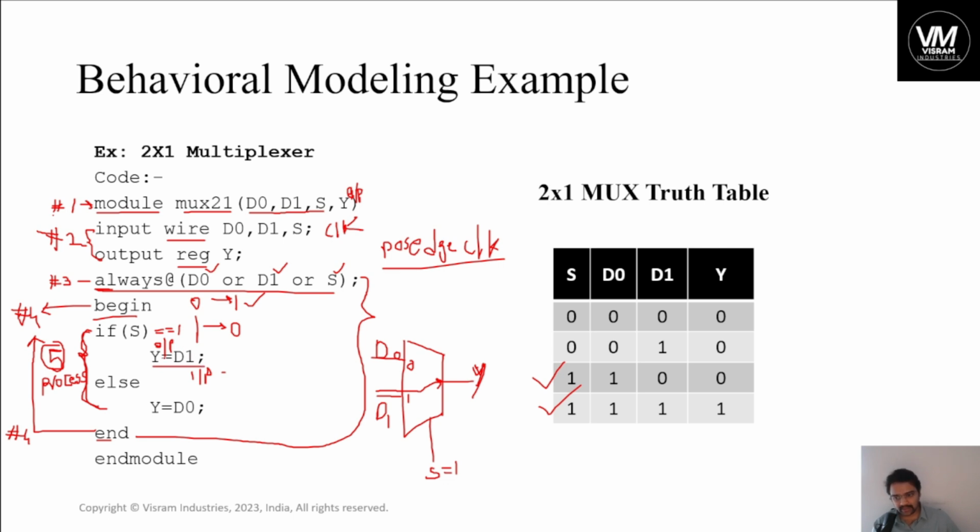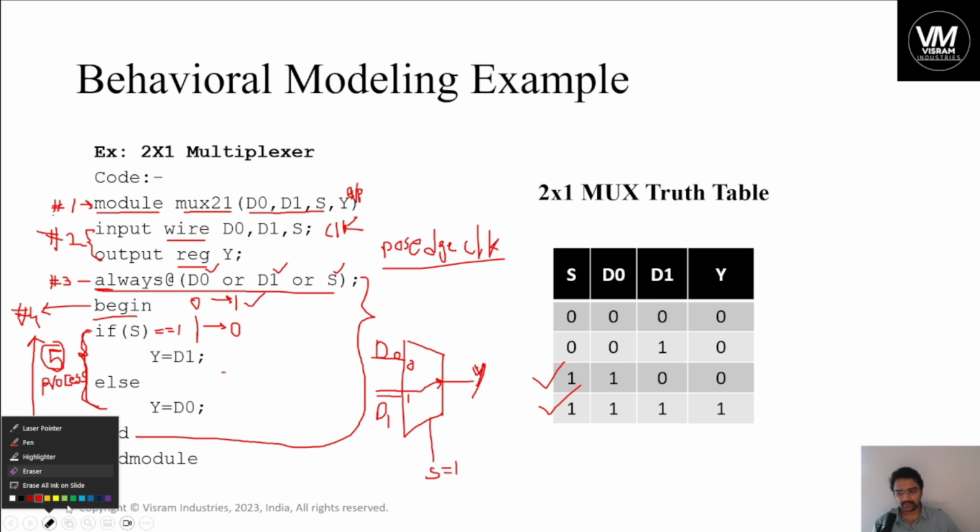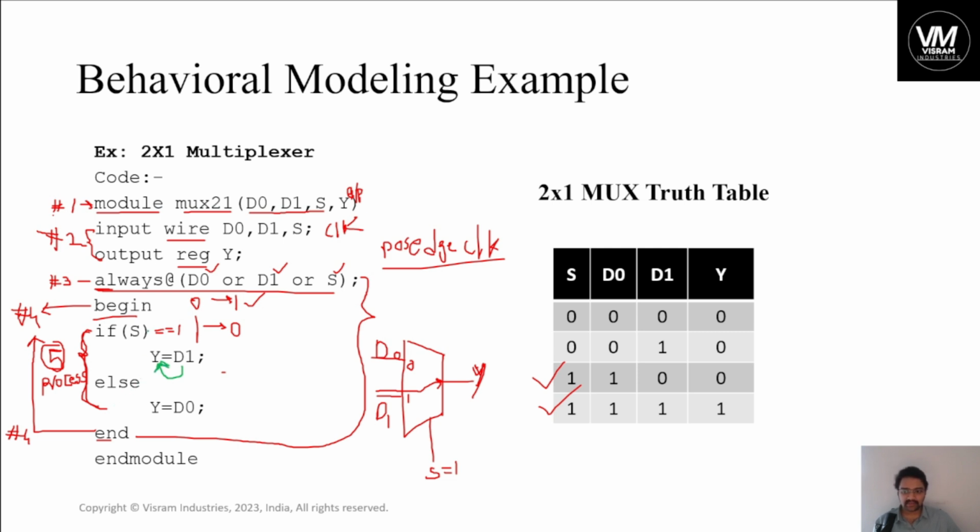In the equal to operator, whatever data is there will be assigned from D1. I'll write it in a new format. Whatever data you have will be given to Y. And else means other than this state: if S is not equal to 1, that means S is equal to 0, disabled.